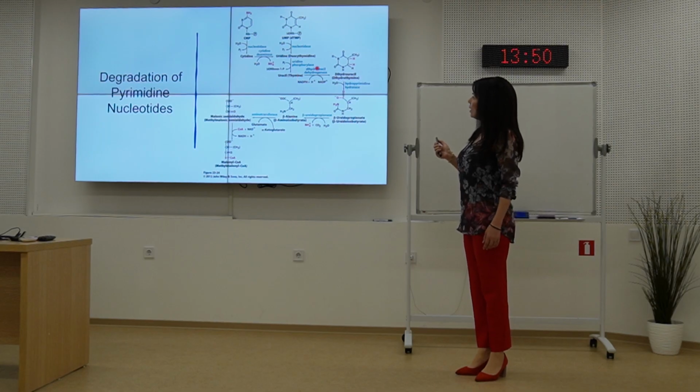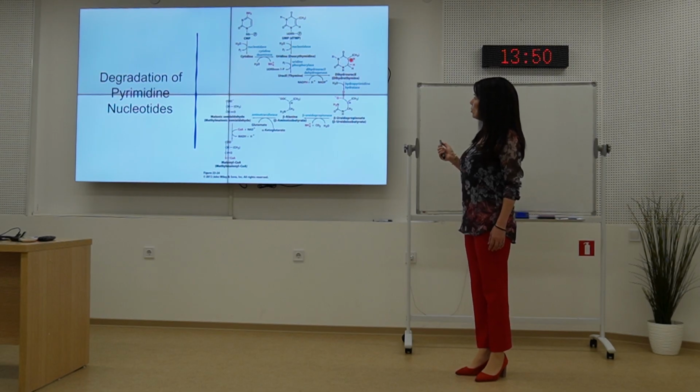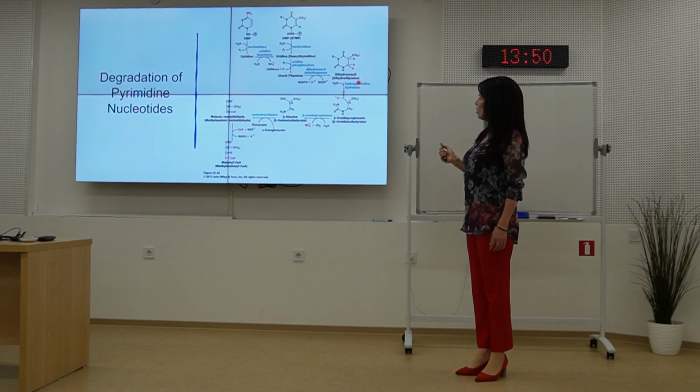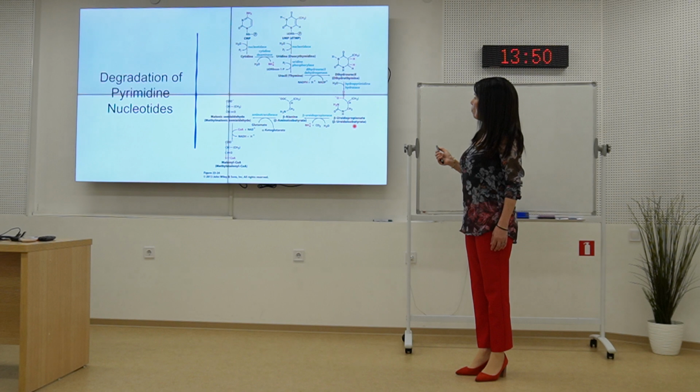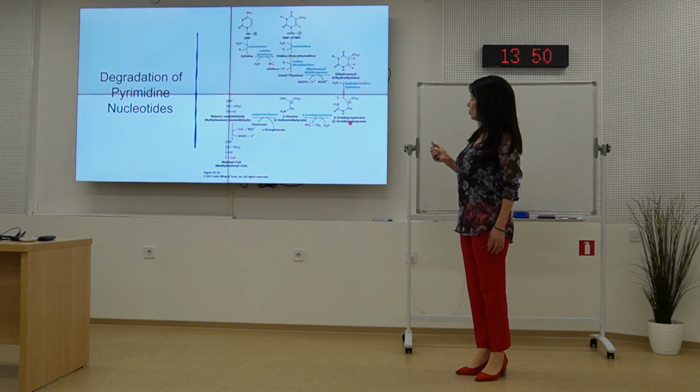respectively, and after that undergoes reduction thanks to NADPH to form dehydrouracil or dehydrothymine. Then hydration and opening the ring to form beta-ureidopropionate or beta-ureidoisobutyrate.